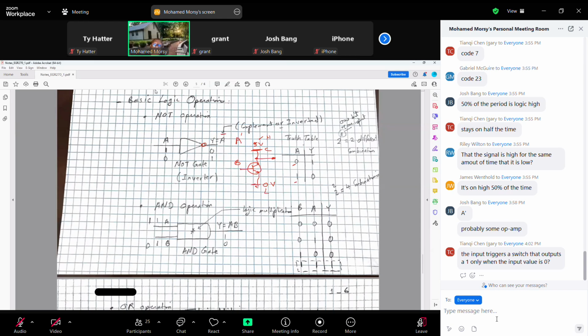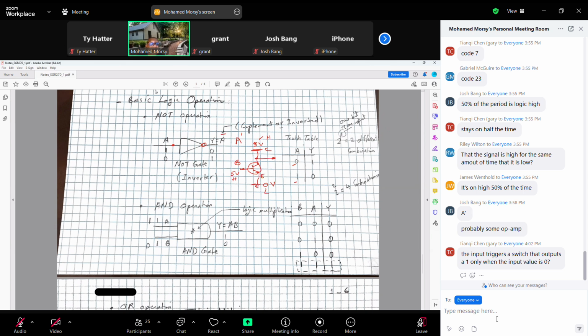Based on this biasing, if we apply 5 volts, which is logic high, at the input, what happens? The voltage on the base is higher than the voltage on the emitter.